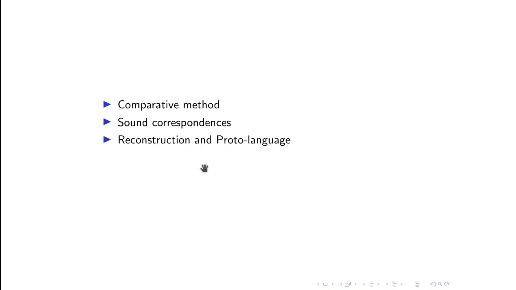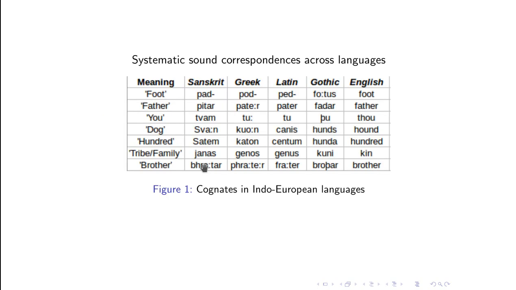And the goal of this whole enterprise is to be able to reconstruct the ancestor language, which is known in historical linguistics terminology as the proto-language, and see how the ancestral language has changed into all the languages that we see today.